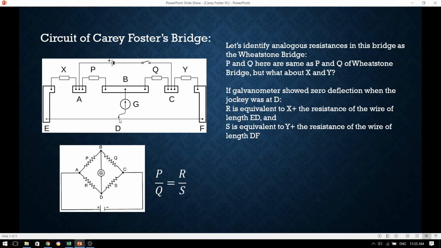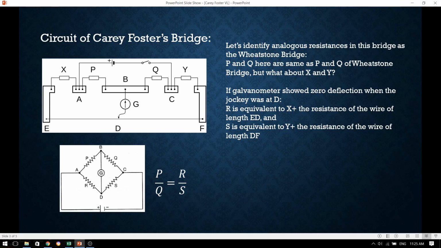What does this mean? It means that this is not a fixed point. This is actually the head of a jockey, which means we can move this jockey point anywhere along this 1 meter long wire. Whenever the jockey is at a certain point and the galvanometer shows zero deflection, we infer that it is the balanced condition of the Carey Foster bridge.